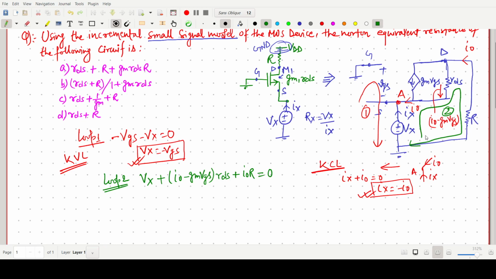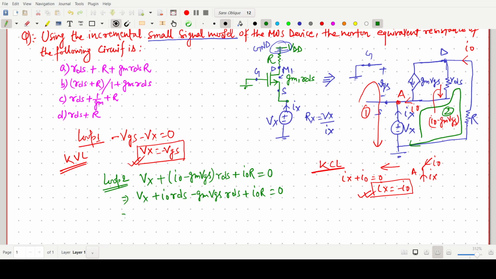So now we have to write the KVL in that loop. Okay, so what we have to do? We already have Vx plus RDS into this current I naught minus GmVgs plus I naught R. Now we have to solve, so we can write Vx plus I naught RDS minus GmVgs RDS plus I naught R equals to 0.